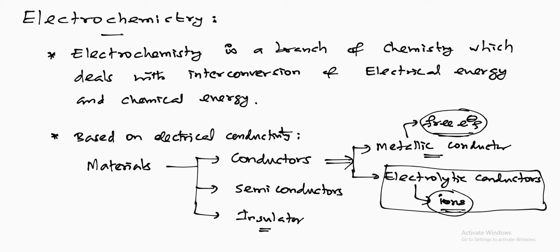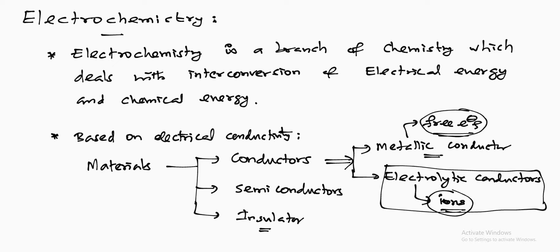But before going to that, let me give some information about metallic conductors. Then we'll discuss how an electrolytic conductor differs from a metallic conductor, so that you get some clarity over these two conductors. I repeat again, conductors are materials which allow free passage of electric charges. That means they are good conductors. They allow maximum conductance, or maximum current, to pass through.